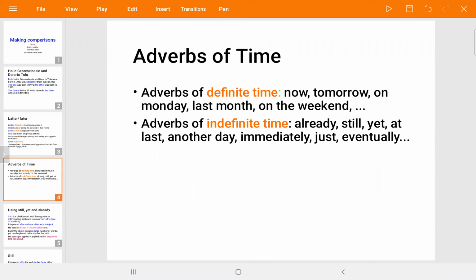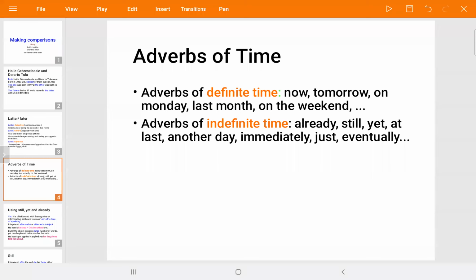Anyways, if there is any question, you can interrupt me. When we proceed, if you remember, adverbs of frequency have three layers: group A, group B, group C. The same thing is true for adverbs of time.